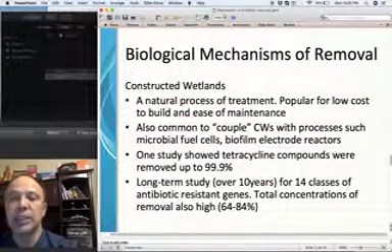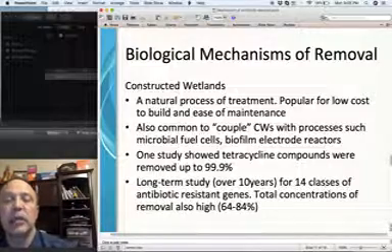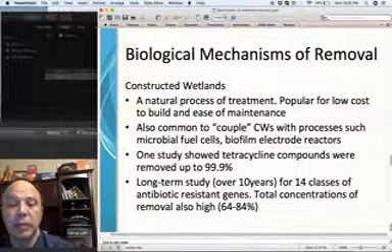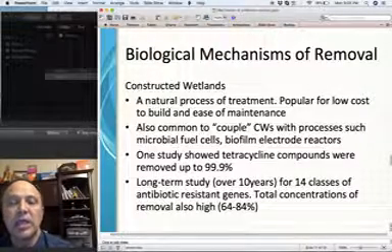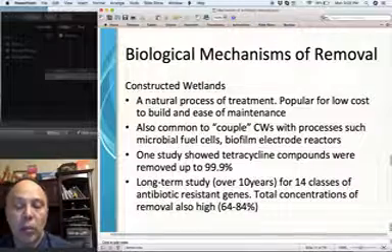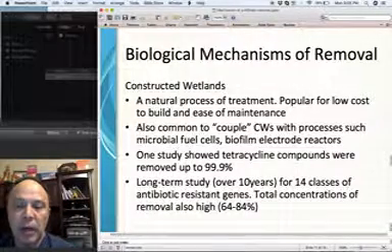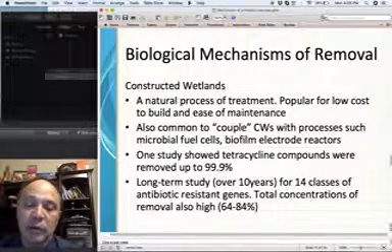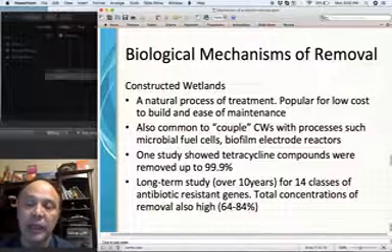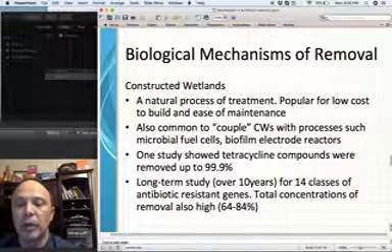Constructed wetlands. I like this technology because it's not only natural, but it's very inexpensive to build and easy to maintain. It's also common to couple them with microbial fuel cells and biofilm electrode reactors to enhance efficiencies. And one study noted that up to 99.9% for tetracycline compounds was achieved. So pretty good.